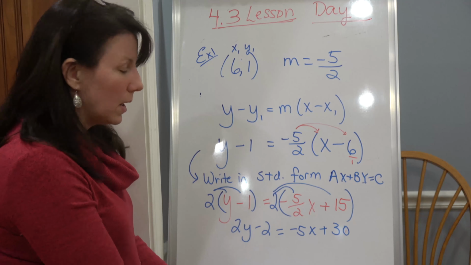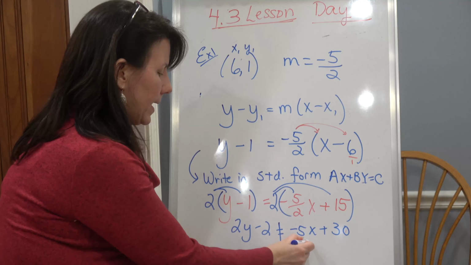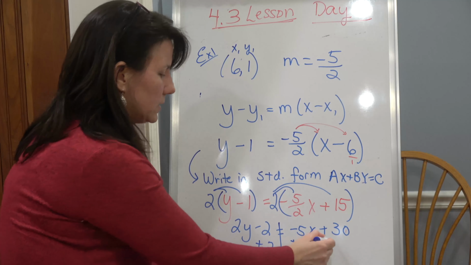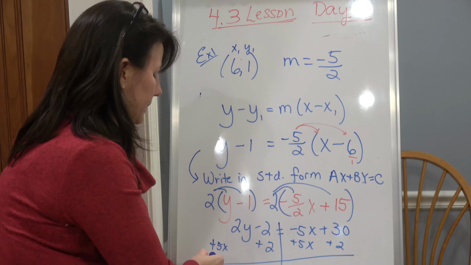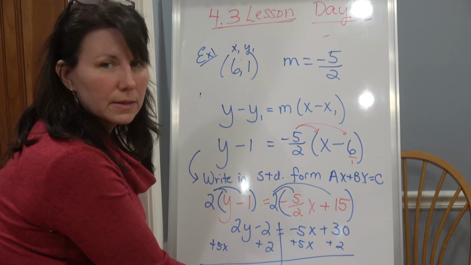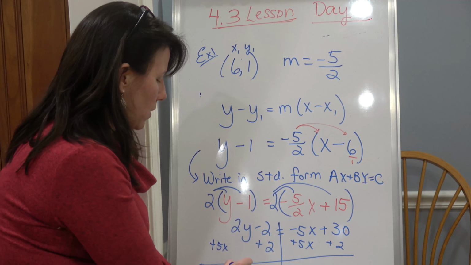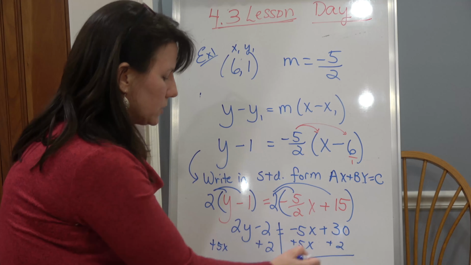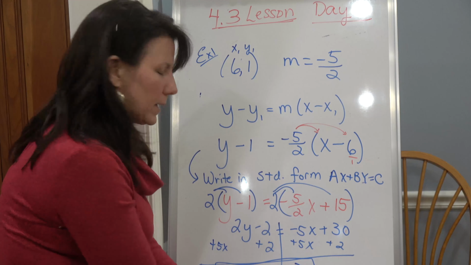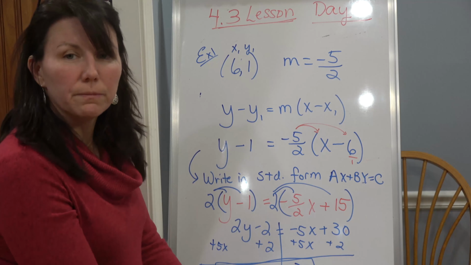We just need to move the x's over to the left side by adding 5x. And at the same time, I'm going to move the constants over to the right side. I don't know if you can see this because the board's a little bit hard to read, but I have 5x plus 2y equals 30 plus 2, which is 32. So again, 5x plus 2y equals 32.